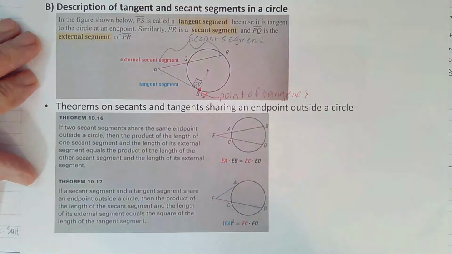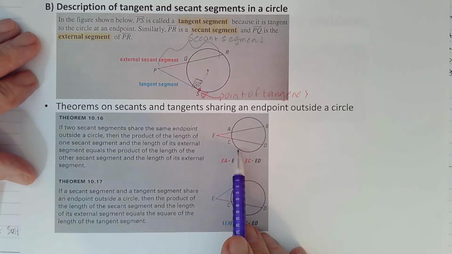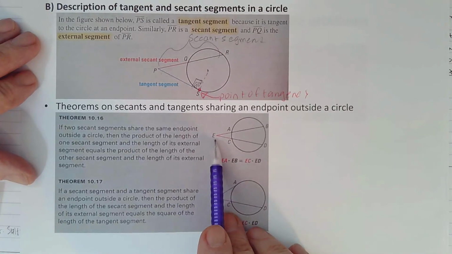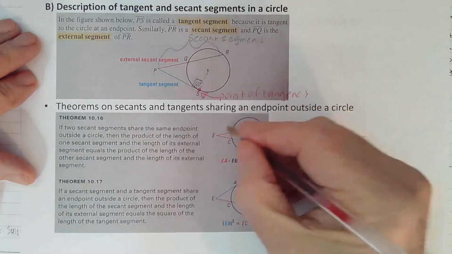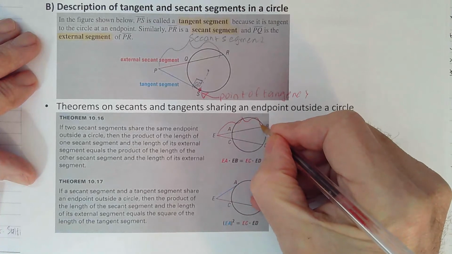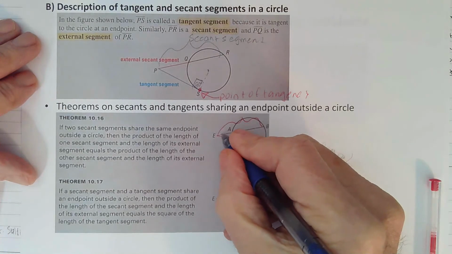All right? Okay, so 2 theorems have been derived from this. One is, if you have 2 secant segments that share the same endpoint, which they do out here at E, then the product of the length of one segment and the length of its entire segment, in other words, if you multiply EA here times the whole thing, which goes from here to here, and the little segment is from here to here.